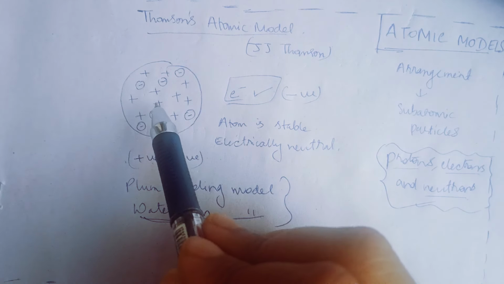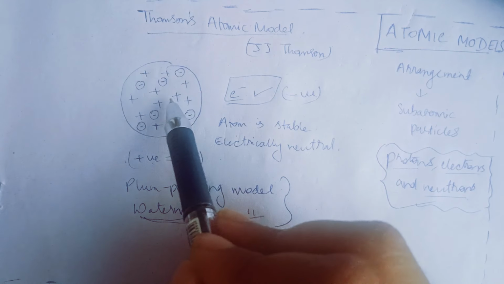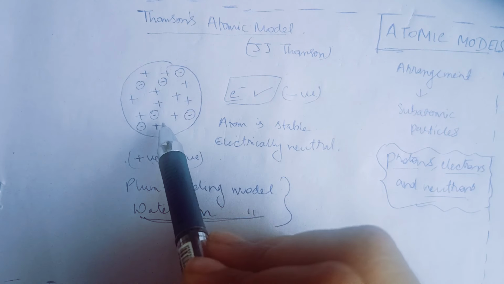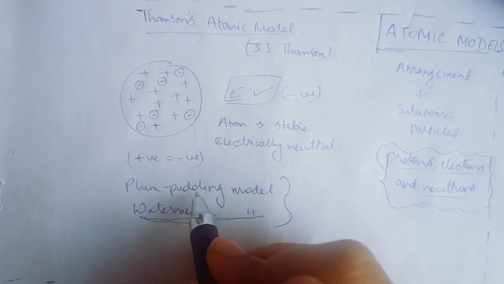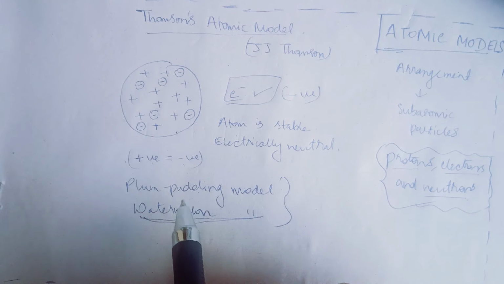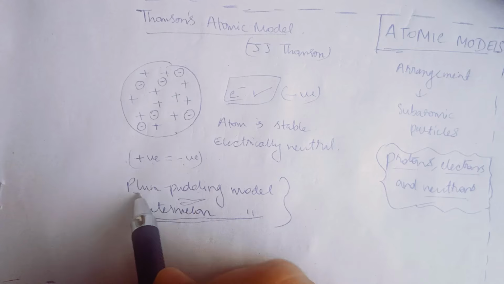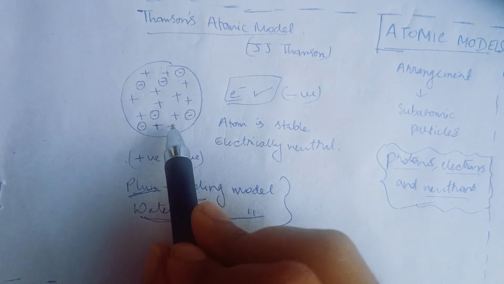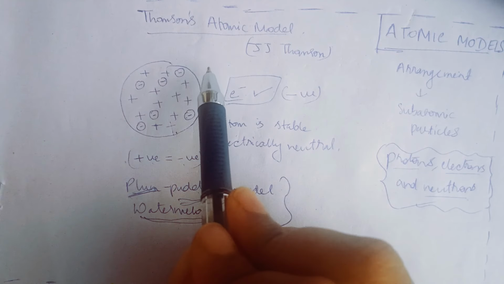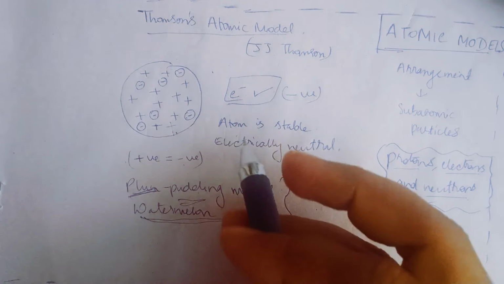You can compare the red part of the watermelon with the positive charge and the seeds with the negative charge. Similarly, the plum pudding model resembles pudding in which plums are embedded, just like electrons embedded in the positive sphere. Okay, so this is the first model that came out.